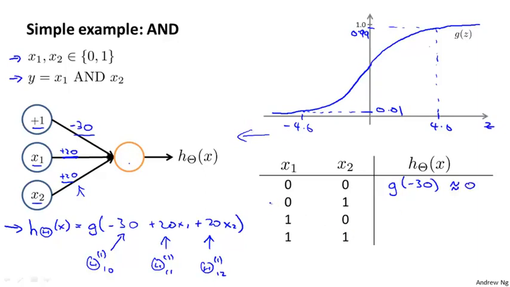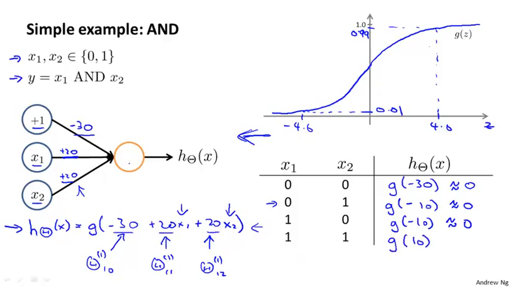If x1 equals 0 and x2 equals 1, then this formula evaluates to g of minus 10. And again, that's to the far left of this plot, and so that's again very close to 0. This is also g of minus 10, that is if x1 is equal to 1 and x2 is 0, this is minus 30 plus 20, which is minus 10. And finally, if x1 equals 1 and x2 equals 1, then you have g of minus 30 plus 20 plus 20.